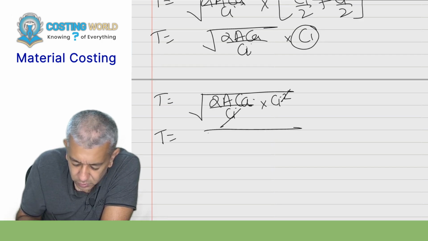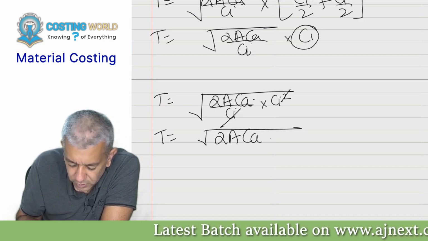So T is equal to square root of 2ACA CI.